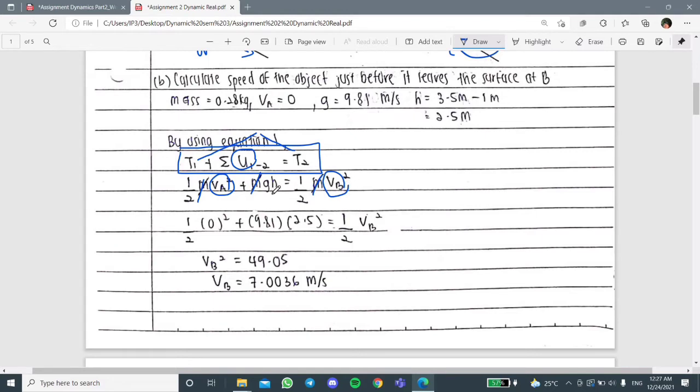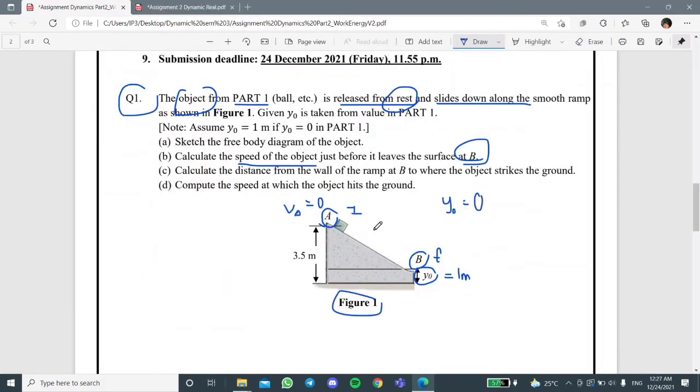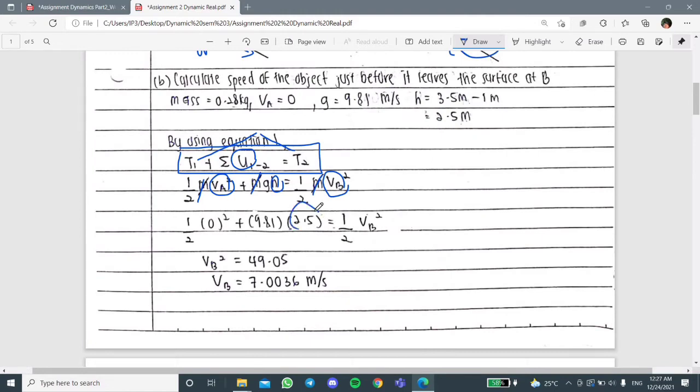And g is gravity. The value of h is from here. This is h. So we know that y0 is 1 meter, so 3.5 meters minus 1 meter, and then we get h equal to 2.5 meters.